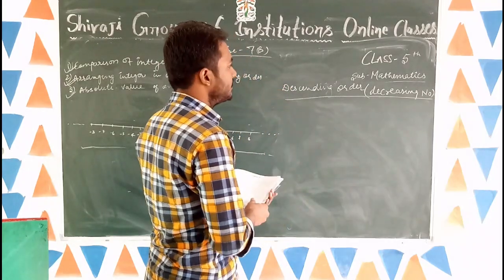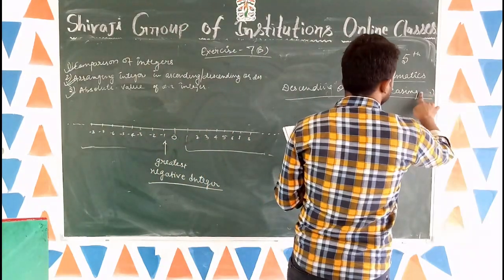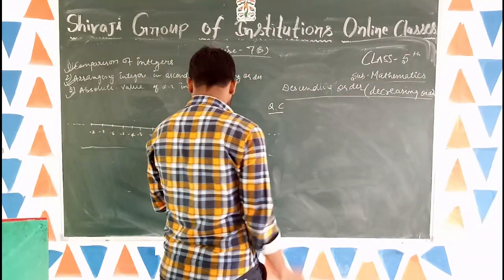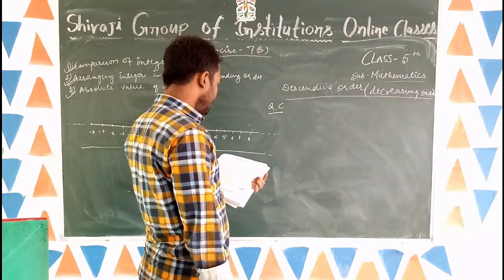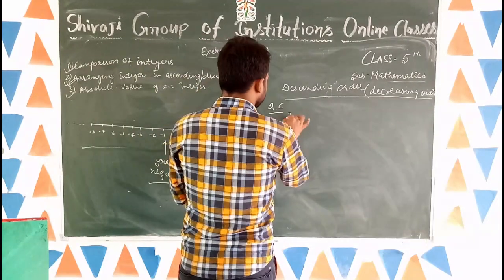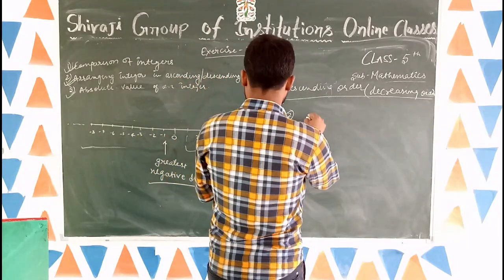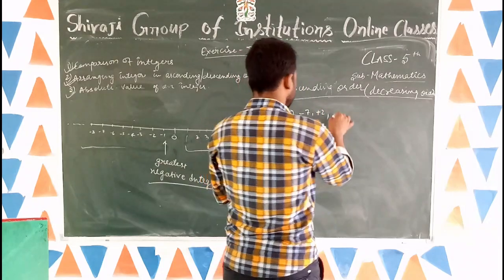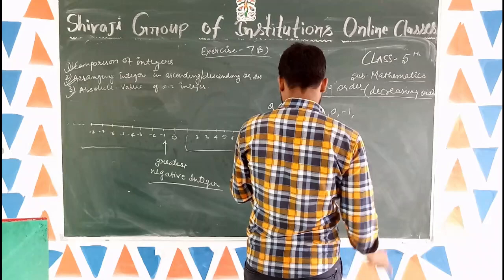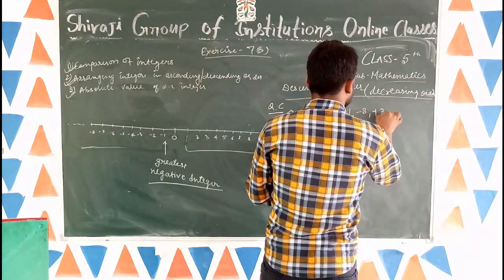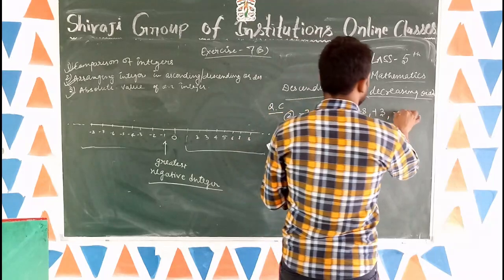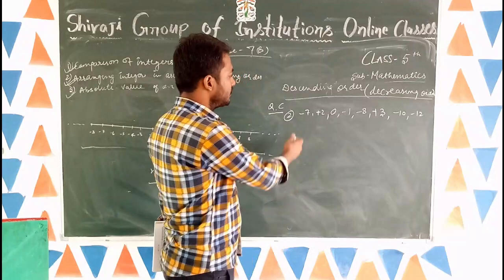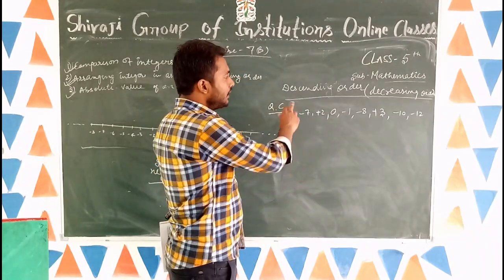Descending order, or we can say decreasing order. Question number C. Arrange the following integers in descending order. So we will solve question number 2, which is minus 7, plus 2, 0, minus 1, minus 8, plus 3, minus 10 and minus 12, and we have to arrange these numbers in a series which is in descending order.